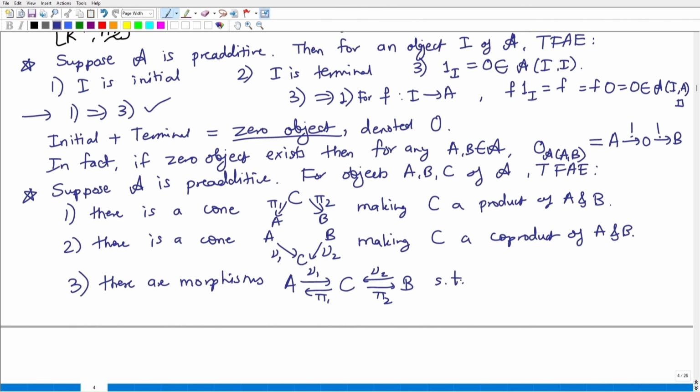Such that pi i nu j, first include then project, is equal to delta ij. Delta ij is the Kronecker delta. And nu 1 pi 1 plus nu 2 pi 2 is equal to identity on C.